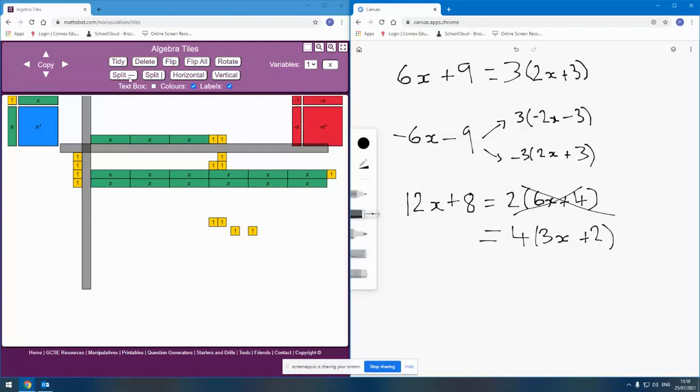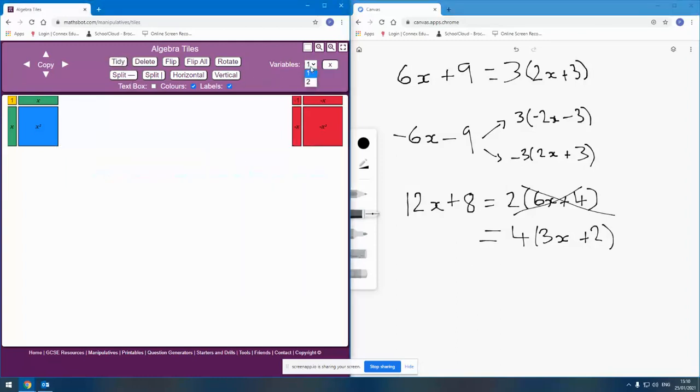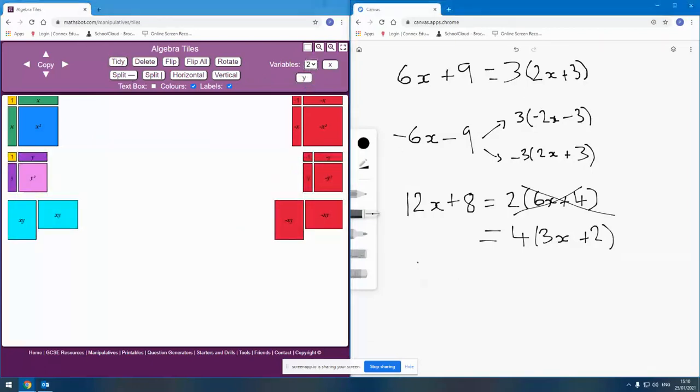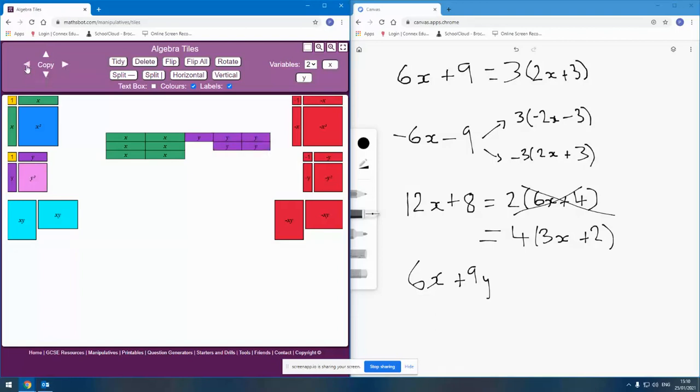Okay, and it doesn't just have to be x's and numbers here. If I have my second variable, then I can have something like 6x plus 9y, and that works in exactly the same way. 6x plus 9y, and obviously not all of the physical packs of these manipulatives have the second variable tile in them.